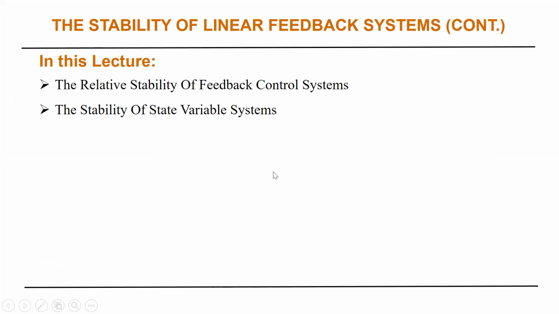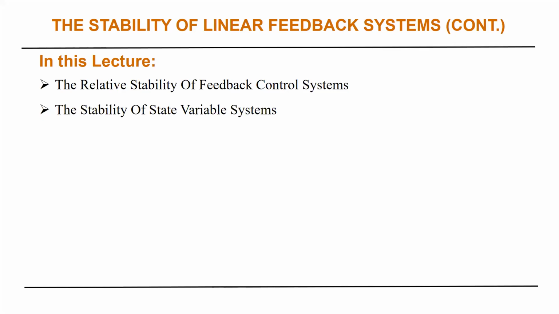Yes. Okay. So far, what we have done in the course, we talked about absolute stability. What's absolute stability? Absolute stability is that the system is either stable or unstable. Black and white, stable or unstable.